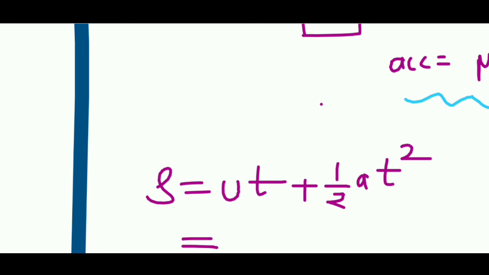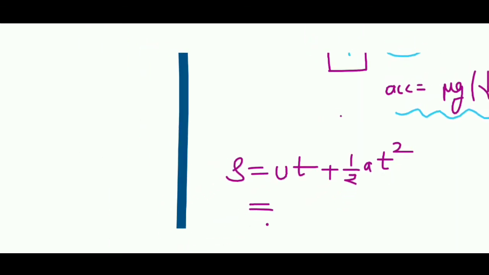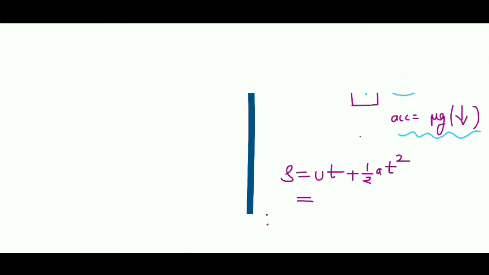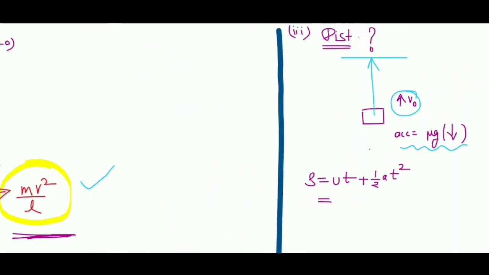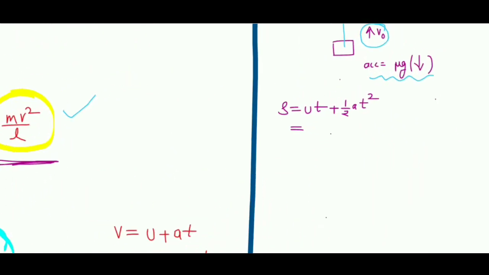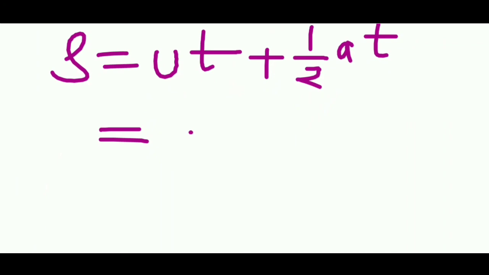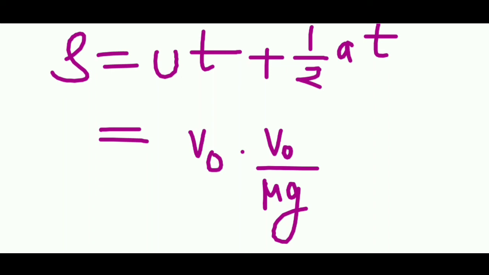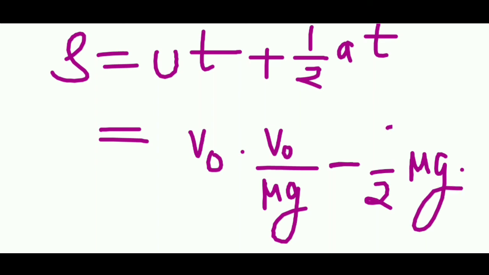Time I have already figured out. What was the time? The time I figured out was v0 by mu g. So I will write over here v0 multiplied by v0 divided by mu g. Acceleration is minus mu g, so I will write minus mu g multiplied by time square.